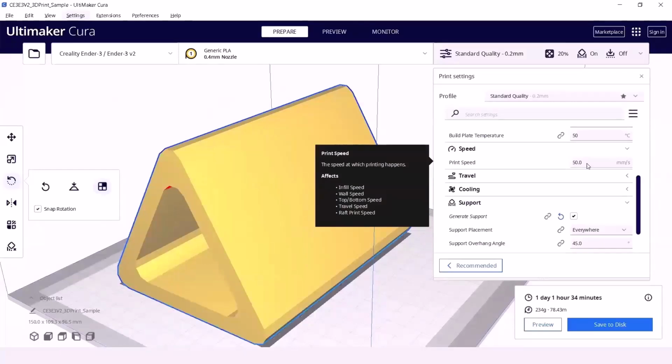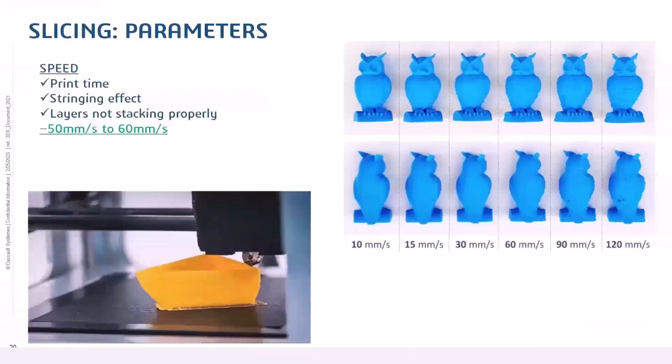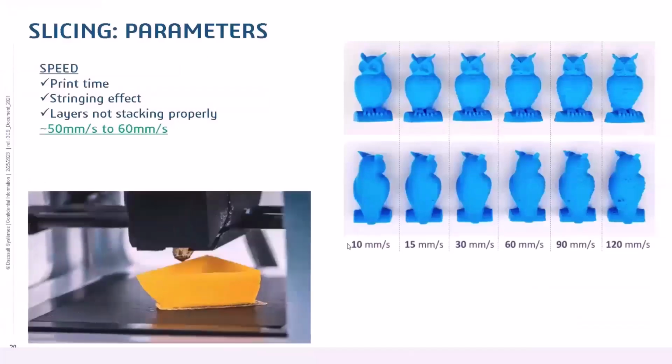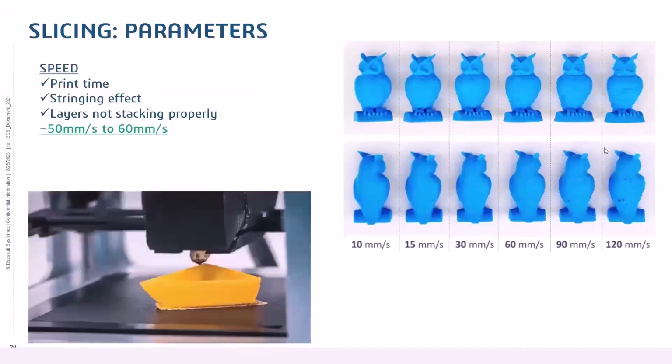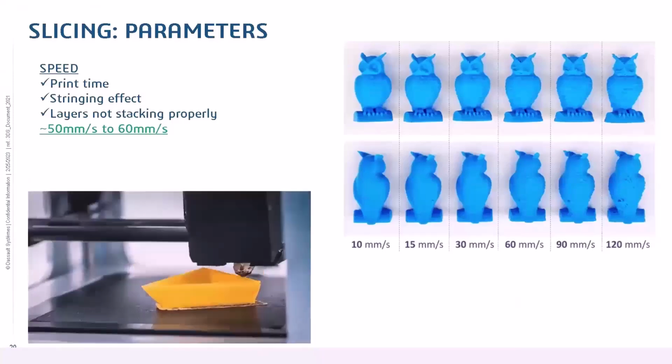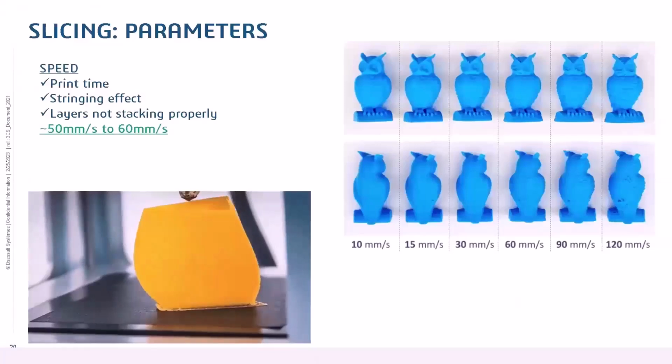Usually the print speed is kept around 50 to 60, but you can play with it also. You can go as low as 10 to as high as 120. The problem is that when you go higher, the layers will not stack on each other appropriately, and there would be something called layer shifting.